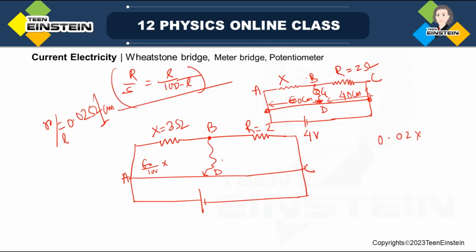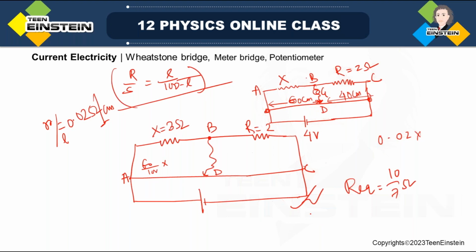We need to check which one is the series combination and which one is parallel. In this case the total equivalent resistance will be 10 by 7 ohm if you see the calculation.